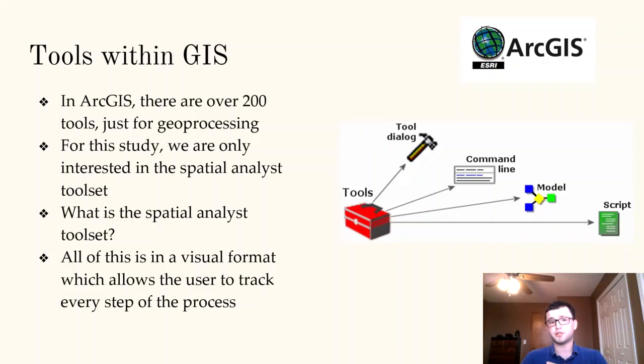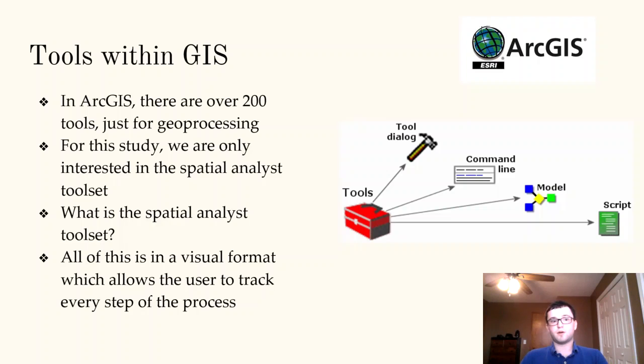So that's pretty much what geoprocessing is. And so geoprocessing is just one toolbox out of about 20 toolboxes in ArcGIS, specifically ArcMap. And there are over 200 tools within geoprocessing. And so if we look at all of ArcMap, there's probably about 4,000 tools in all of ArcMap. That's just how advanced this software is.